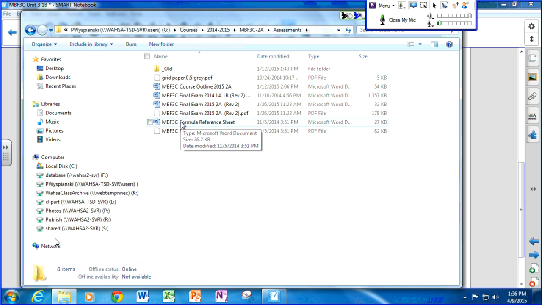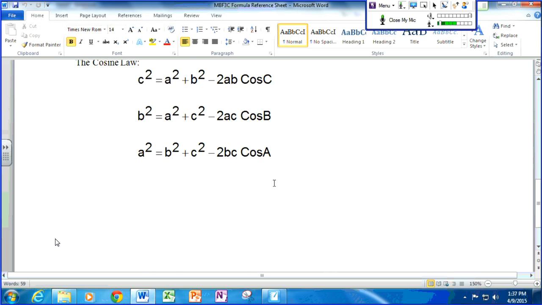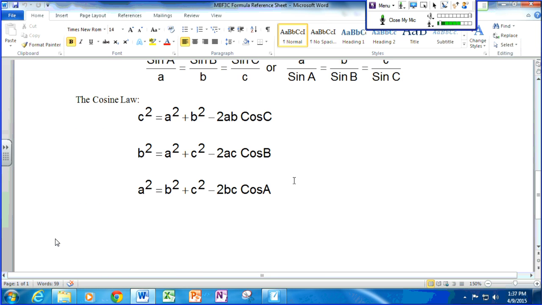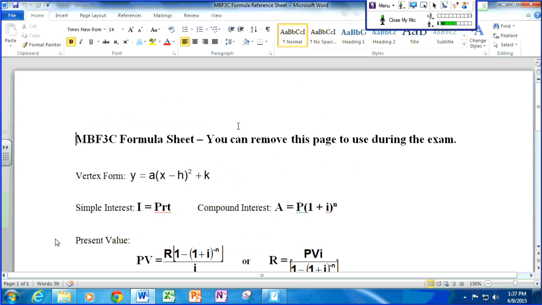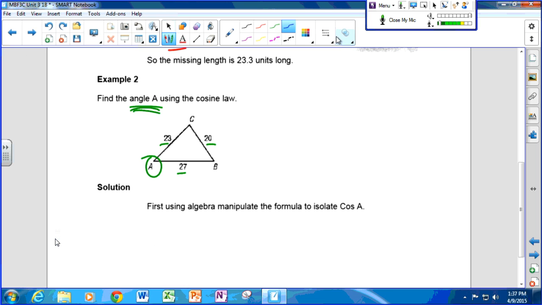I think that's it right there. Just to see which ones I give you here. Okay, so you don't get the version where it isolates the cosine, so you'll have to work that one out yourself if you haven't memorized it. And that's kind of part of working it, right?